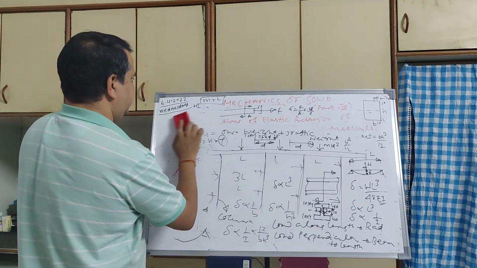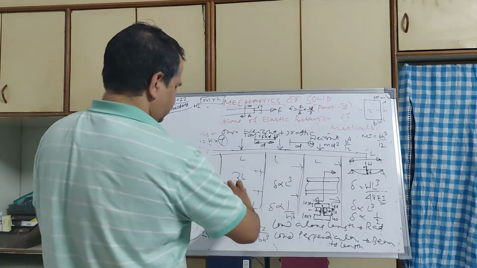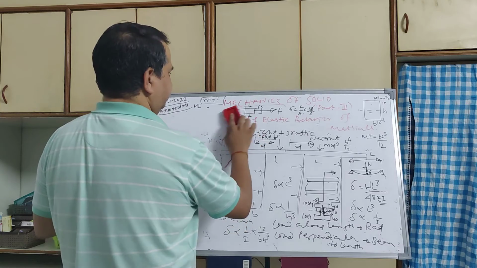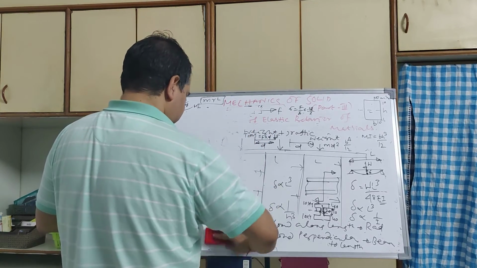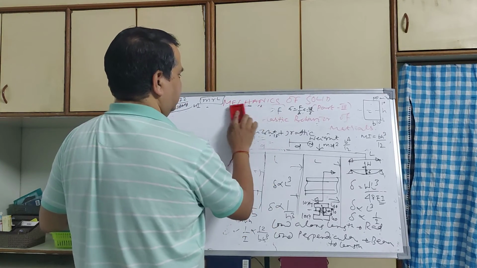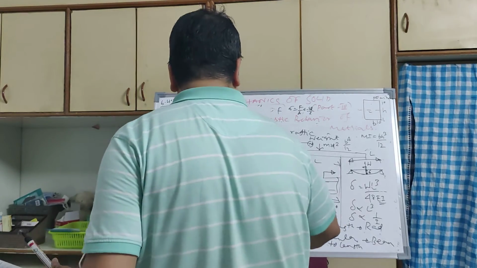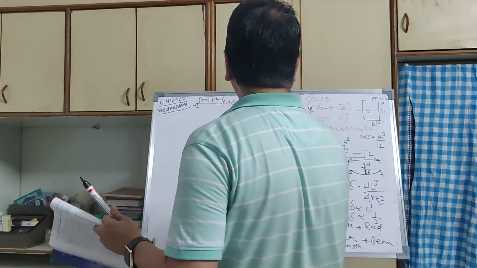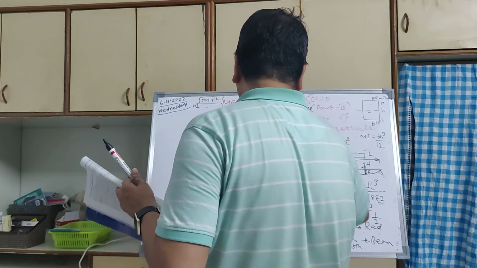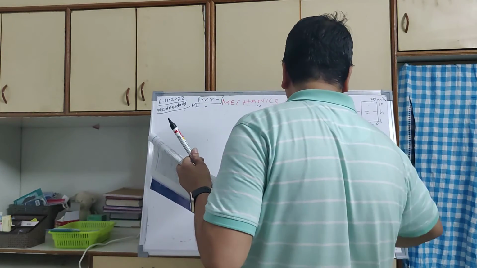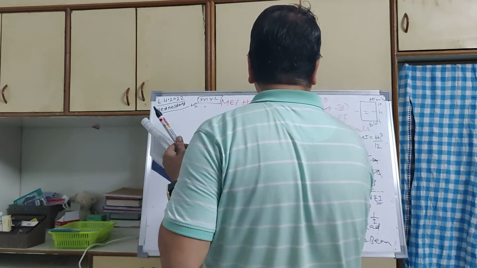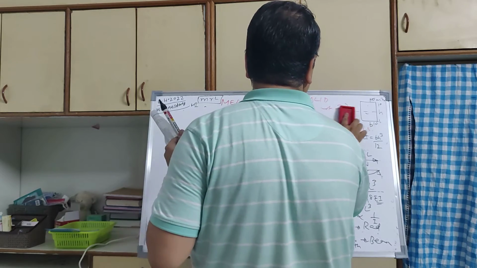I am repeating it, because the more I repeat, the better it is. If I teach you three times, it should stay in your mind, you should memorize it. So now you understand why we want to increase the moment of inertia, right?